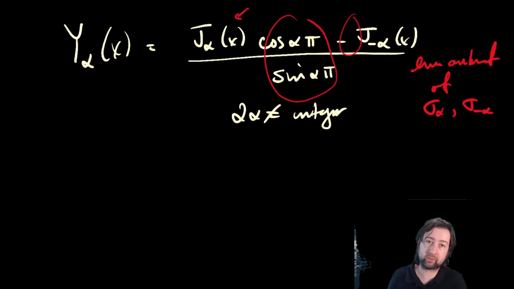The reason that you set it up this way is because this lets us handle the case where alpha has the property that alpha and minus alpha differ by an integer.